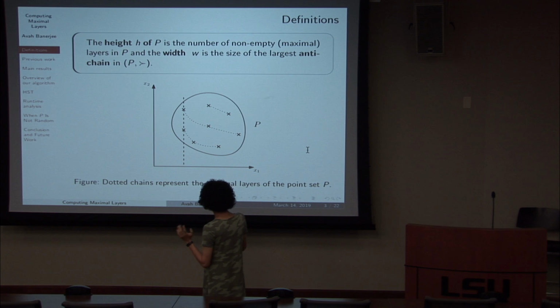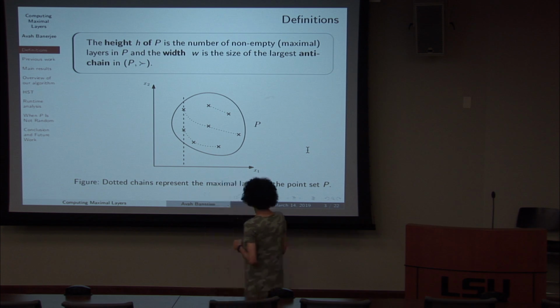Okay, so let's look at this example first, then we'll go over this. I have here 8 points in the plane, and these chains represent different maximal layers. As you can see, these 2 points are not dominating each other, because in one of the coordinates, x2, this one is higher, but in x1, this point is higher.